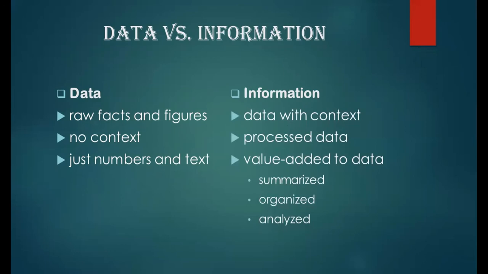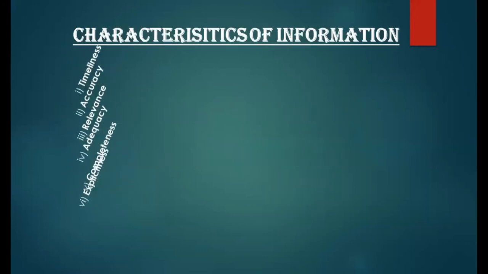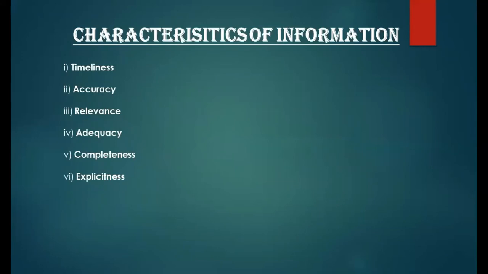Data is said to be without context, that is, it is not related to any context or any situation or any topic even. When we talk about data, they can be just numbers or text.